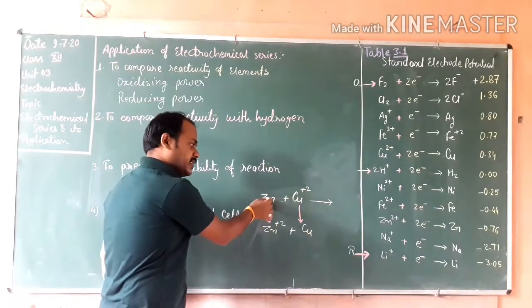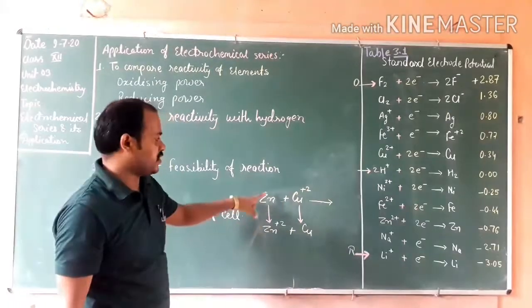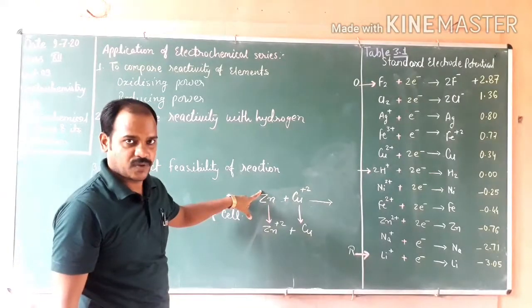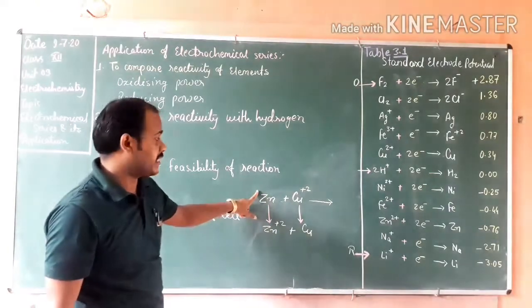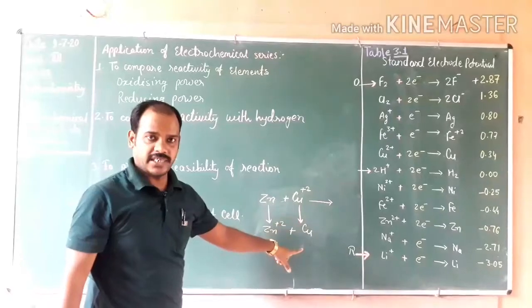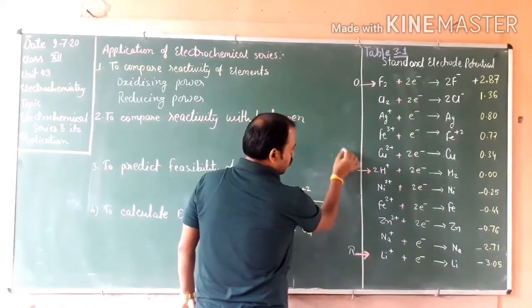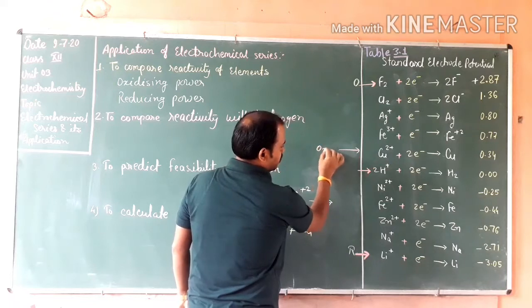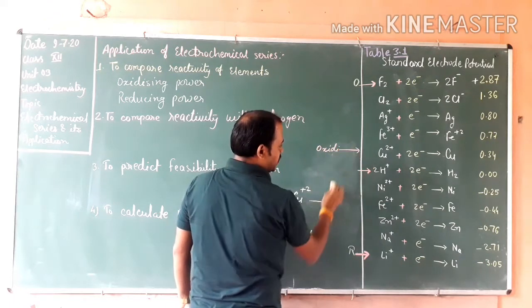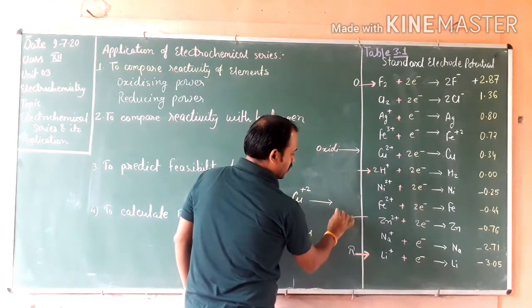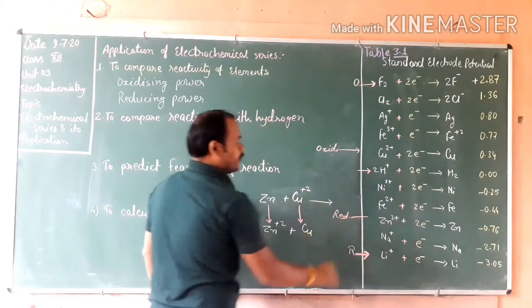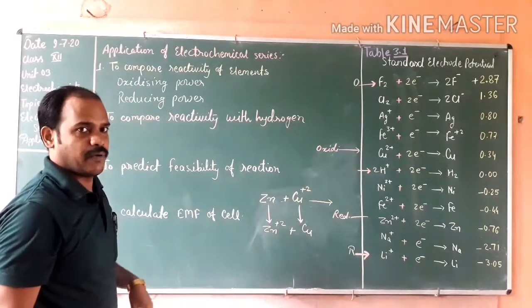So if zinc is undergoing oxidation, it means zinc is the reducing agent. Okay, zinc is the reducing agent and copper is the oxidizing agent. So now compare the oxidizing and reducing power.